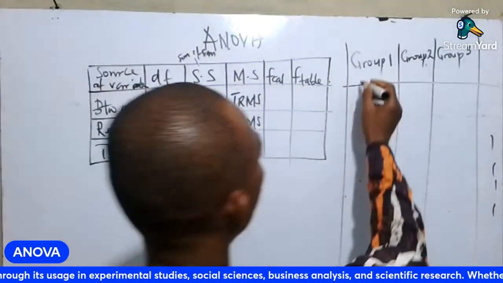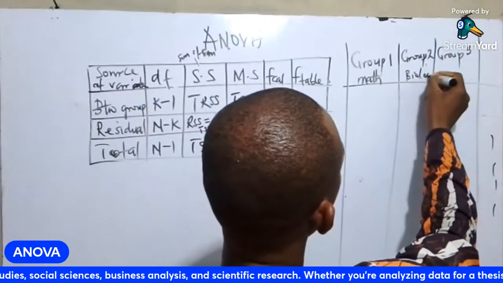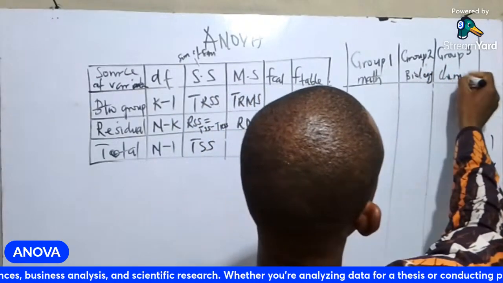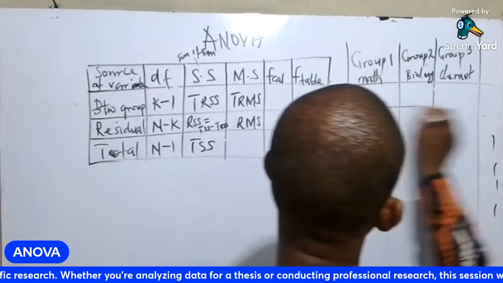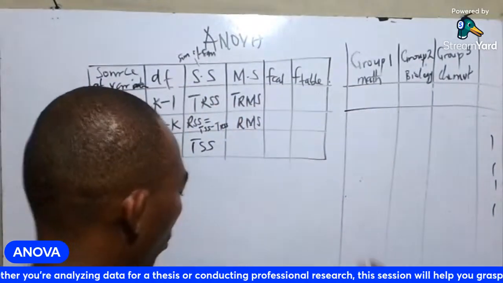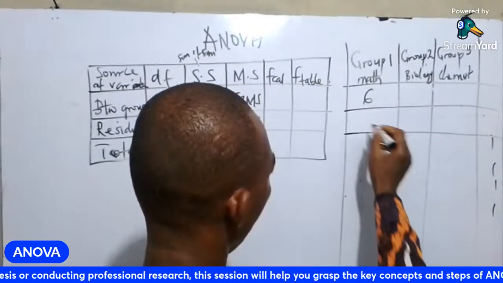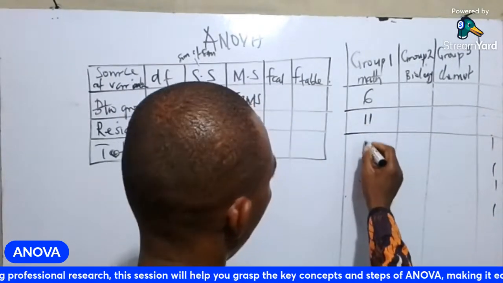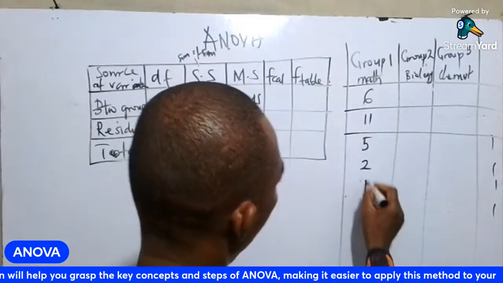Group 1 is mathematics, group 2 is biology, group 3 is chemistry. So, what are their observed values? We have 6 for mathematics, 11, 5, 2, and 1.